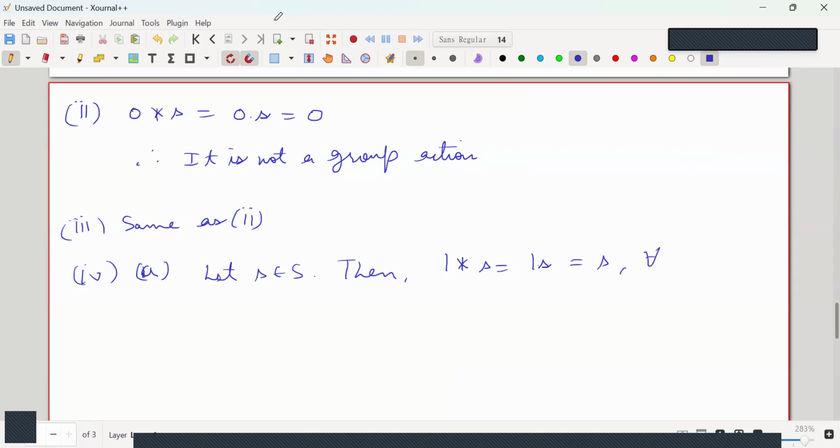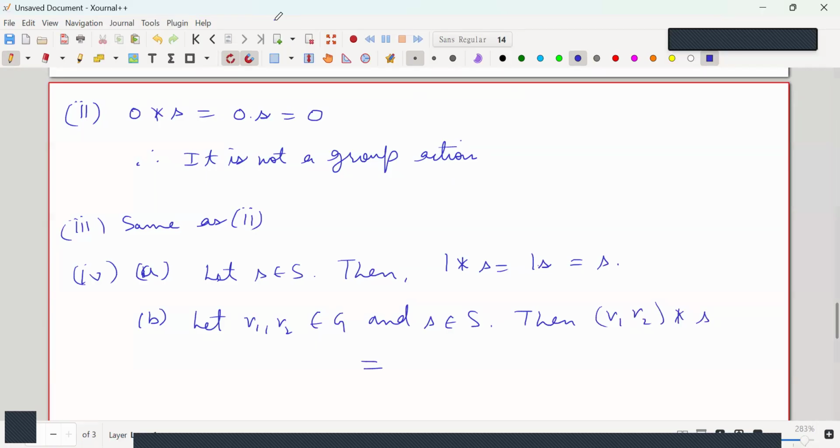The second: let r1, r2 belong to G, and s belong to S. Then r1 r2 star s is r1 r2 times s, which is r1 times r2 s.